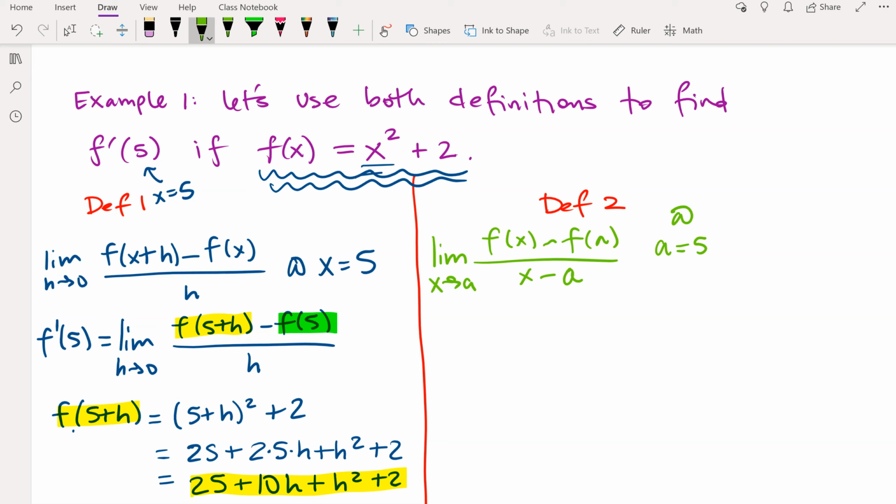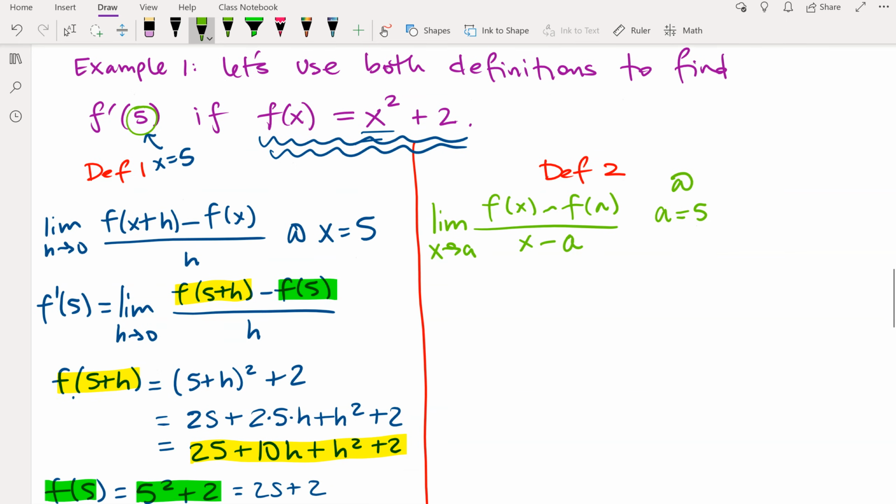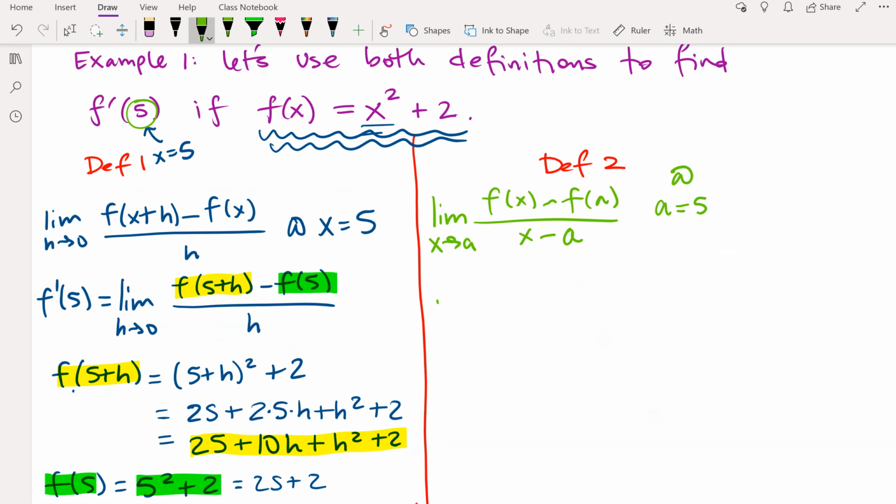So this time, whatever x value you're trying to find the limit or the derivative at, that's what you're plugging in for a. So f prime of 5 equals the limit as x approaches a equals 5 of f of x, leave that the same, minus f of 5 over x minus 5.